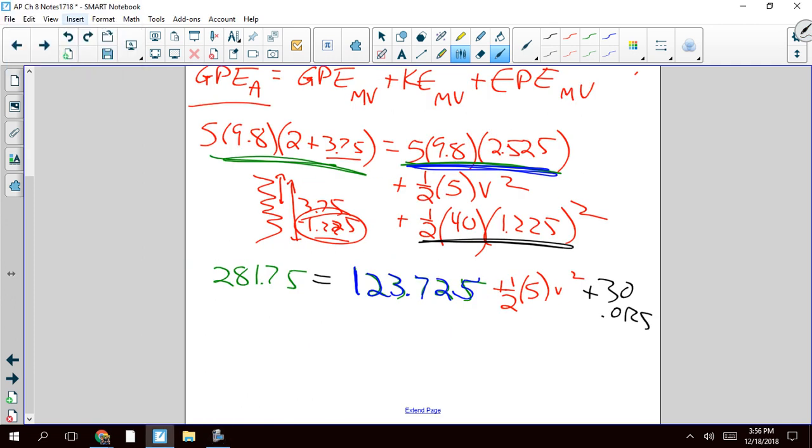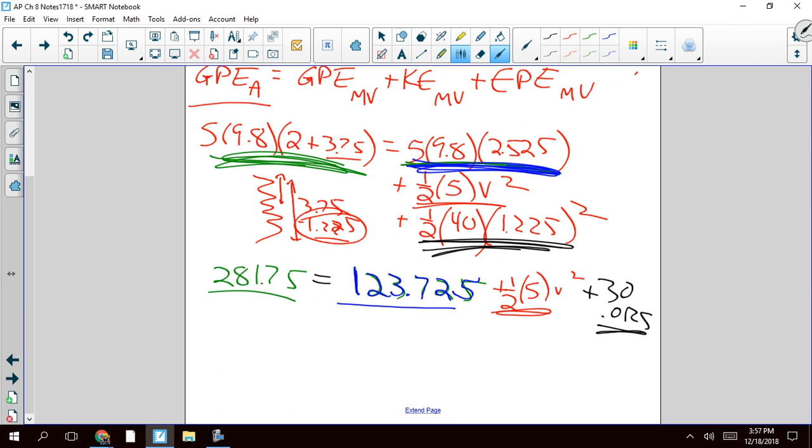Okay, so if you simplify this, you get that your starting GPE is this, your ending GPE is this. You still are looking for this KE, but you still got this elastic potential energy, which is 30.0125 if you can't read my crappy writing.